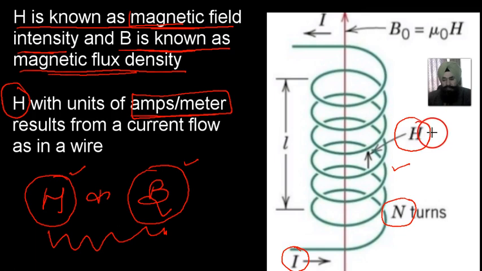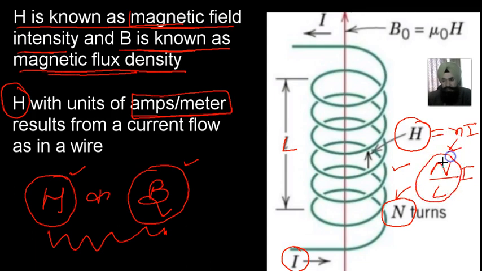H equals n I. What is n? Number of turns per unit length. It means that if there are N turns and the total length is capital L, then small n becomes N over L.